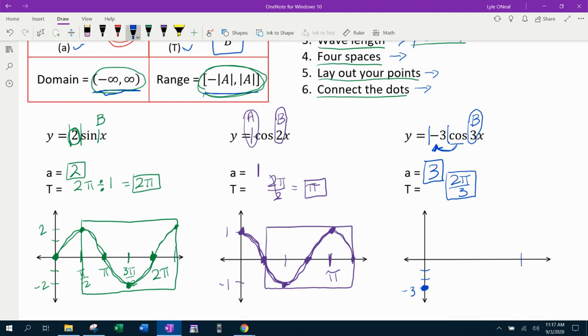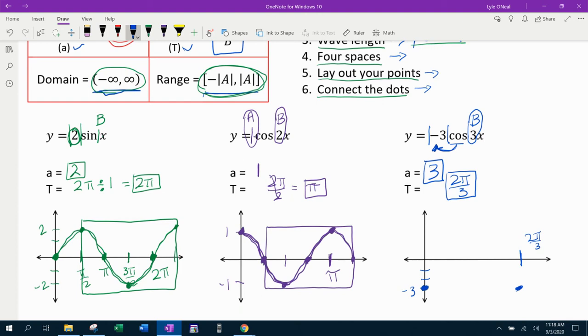And so I'm going to come out here a distance, and I'm going to call that 2 pi over 3. Okay, since I'm starting on the y-axis, I can simply come over to a certain distance and say, well, that's 2 pi over 3, and then that'll represent my wavelength, my period. Oh, and did you remember I said you always finish where you start? So I'm going to finish at negative 3, okay? That is step number 3, wavelength.